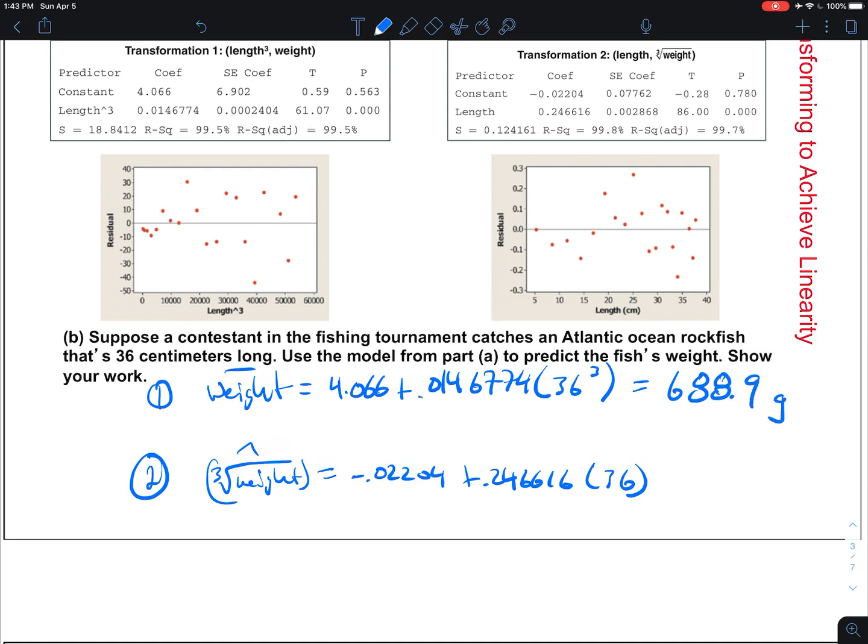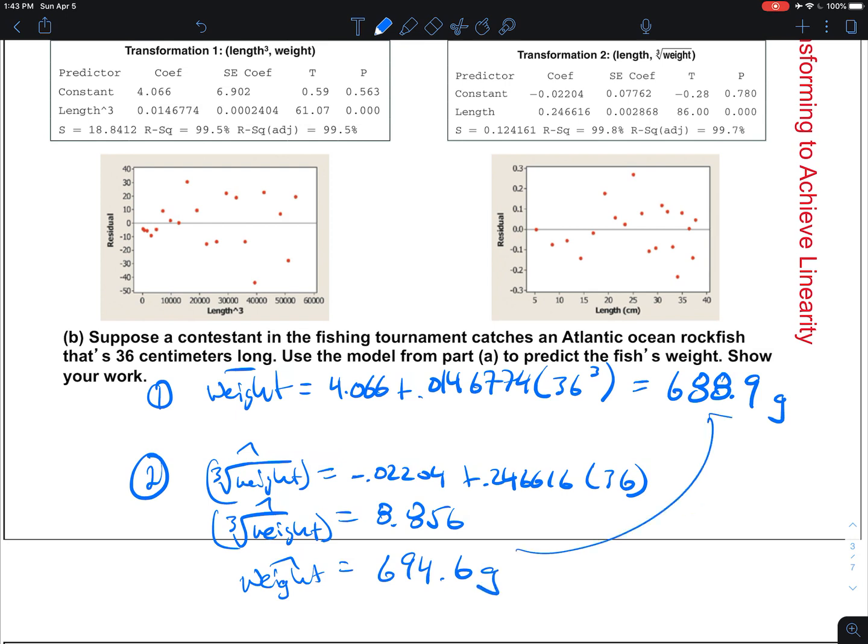688.9 grams. If I just work this out for the second one, I'm going to end up with the cube root of weight hat equals 8.856. Now that's not the answer. That's the answer for the cube root prediction. So to undo this, I'm going to cube both sides and get predicted weight equals 8.856 cubed, which is 694.6.